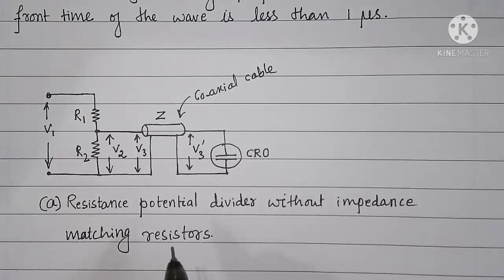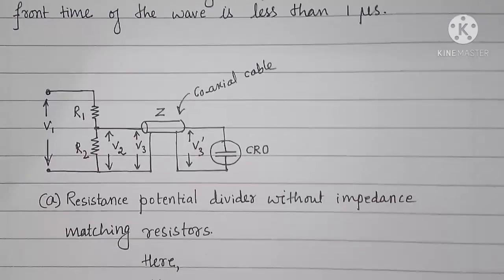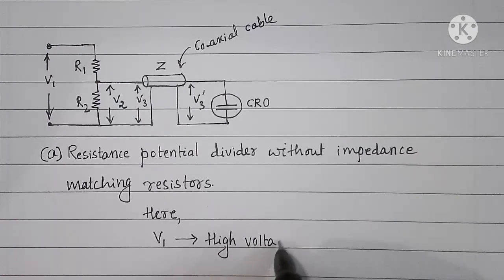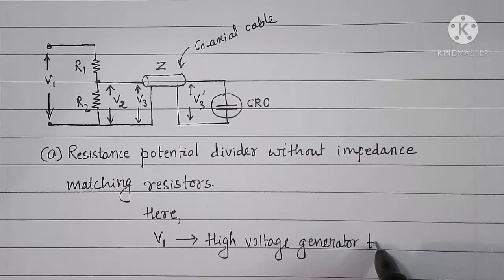Here in this arrangement, V1 is the high voltage generator terminal voltage.